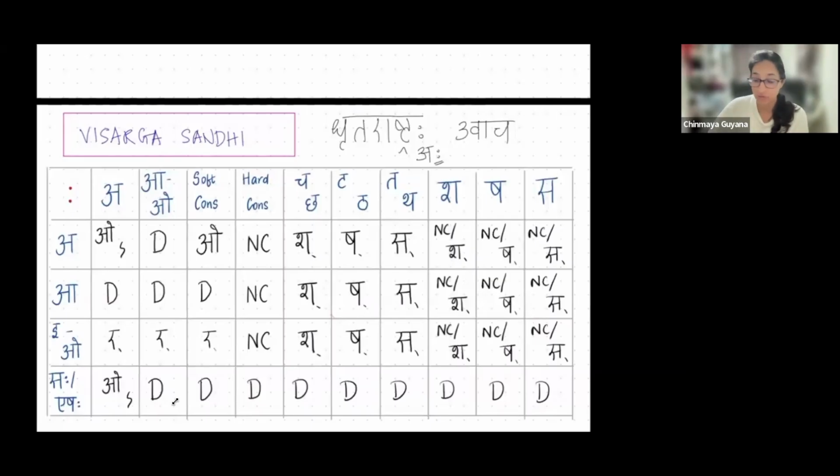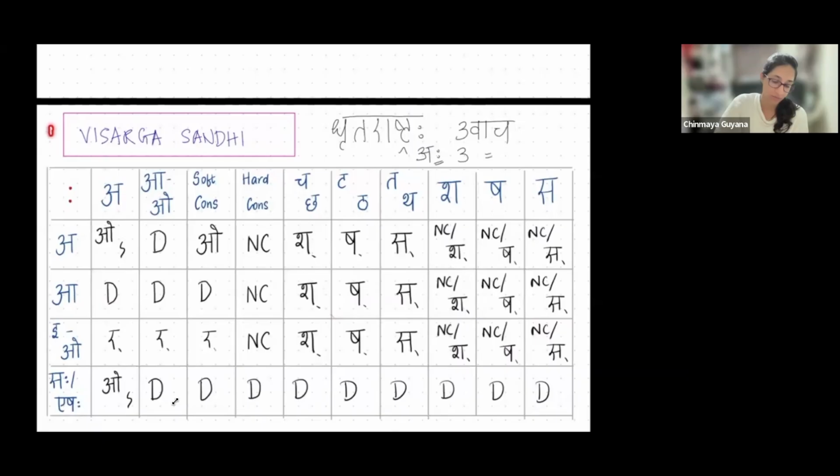A is meeting u. And something is going to happen between those two words to the visarga. The visarga is going to change or not change. It's going to follow a rule. So now you check. This aha followed by u.